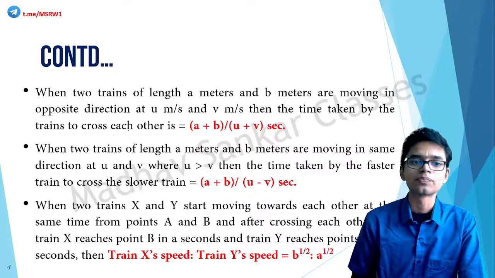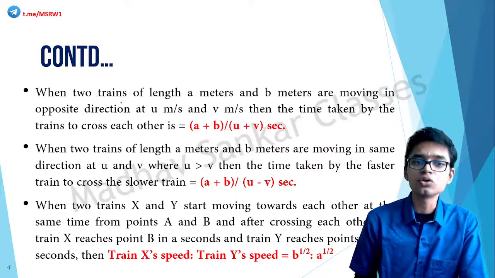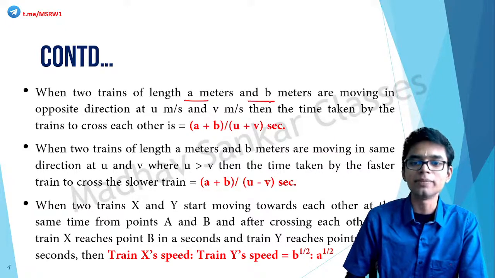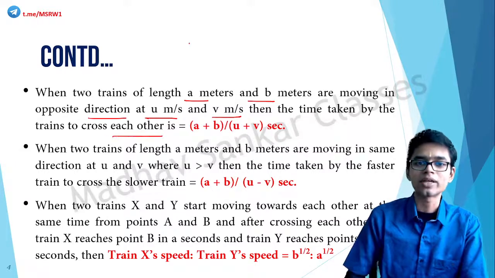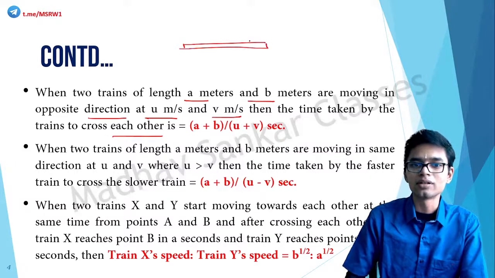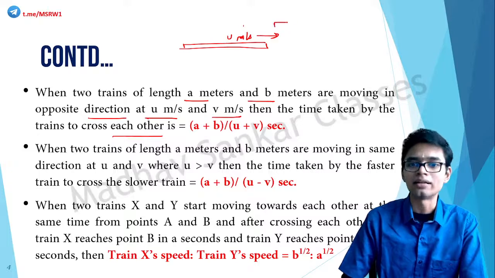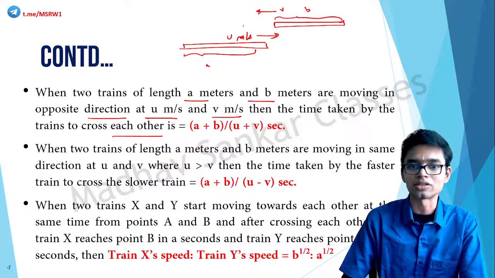Three more points. First of all, when two trains of length a meters and b meters are moving in opposite directions at u meters per second and v meters per second, what is the time taken by the trains to cross each other? Here there is one train with length a moving at u meters per second in this direction, and another train with length b moving at v meters per second in the opposite direction, parallel.